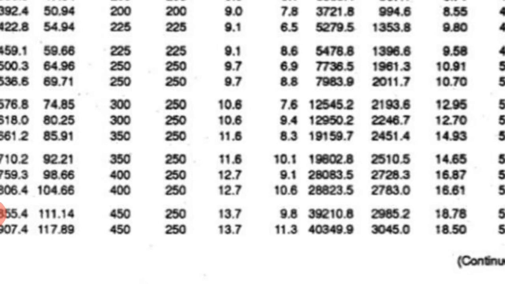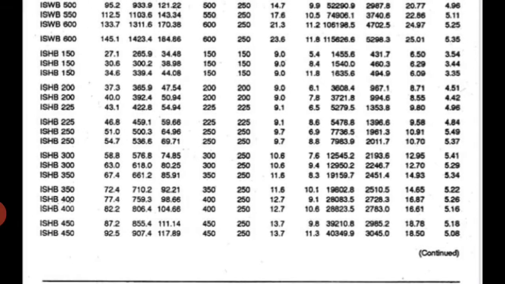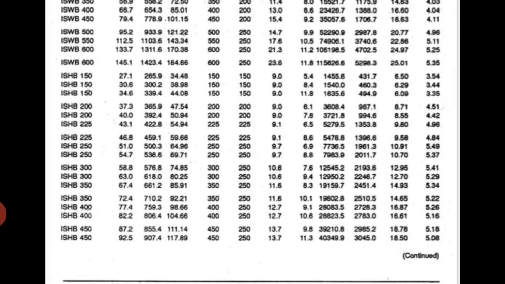Then thickness of flange 12.7. Then thickness of web 10.6. So depth of section H is equal to 400, then BF 250, then TF 12.7 and then TW 10.6. So these are the values of section ISHB 400.